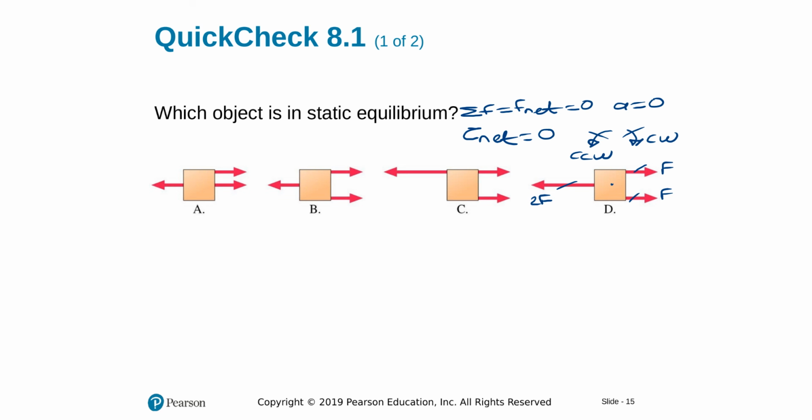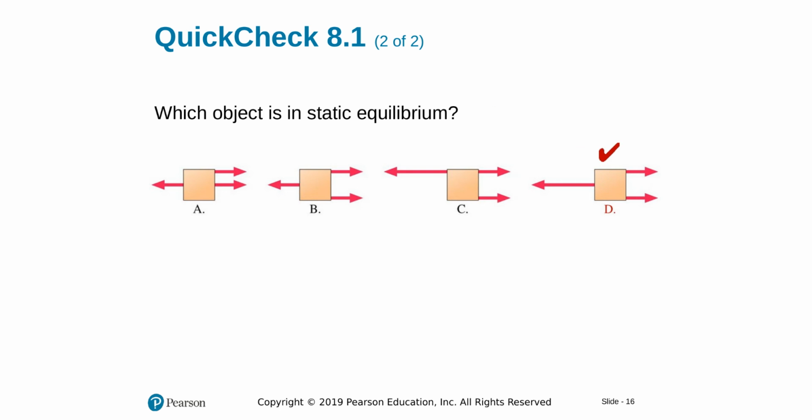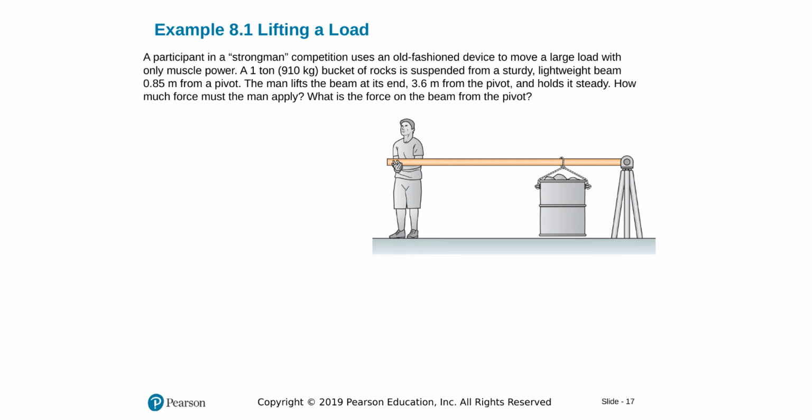This guy is not in equilibrium, for example, because forces are canceling again, but this will cause a rotation. In this case, forces do not cancel, plus a rotation happens in this direction. So the last one, D, is the stable one.